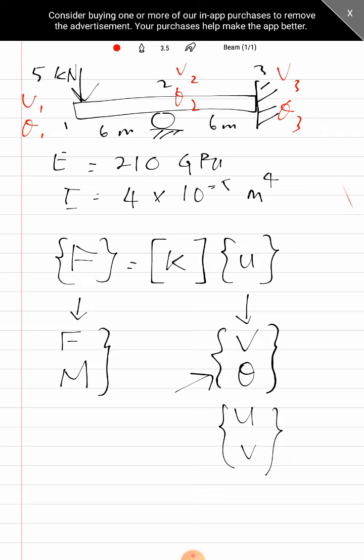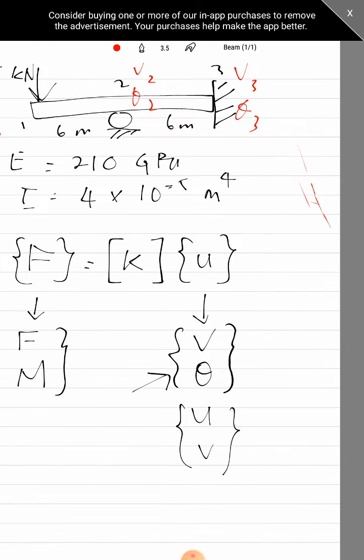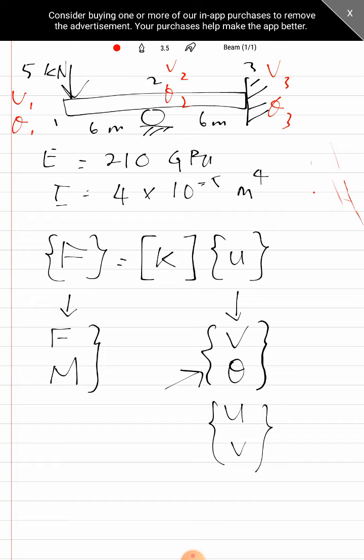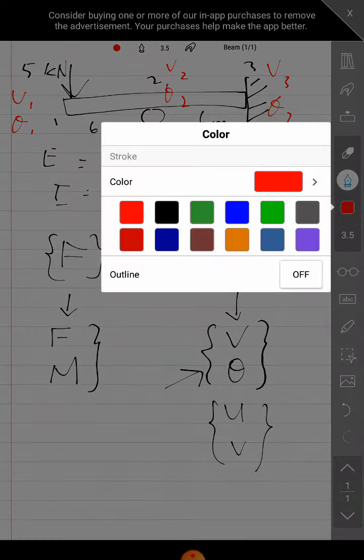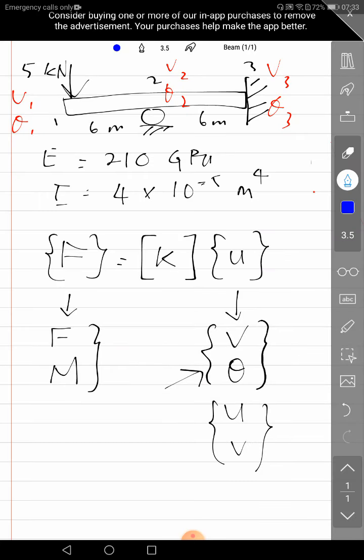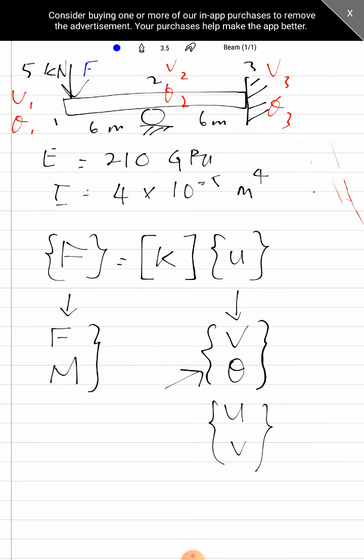Okay, and also at this node you should have F1, M1, F2, M2, and also F3, M3. Okay, so let's start to solve this problem.